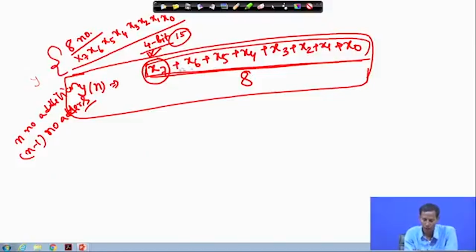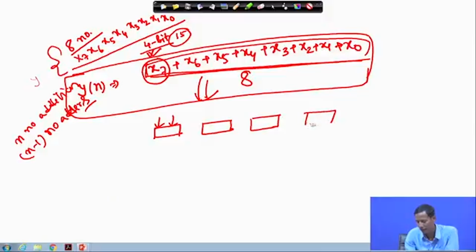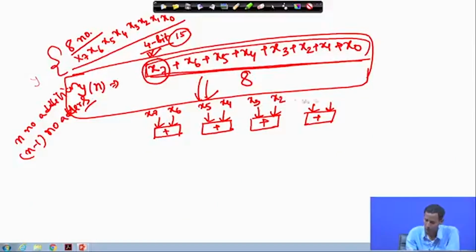Okay. So, how can I implement this? If I map it to the corresponding architecture, it will be something like this. At the first stage I need 4 adder blocks, with inputs x7, x6, x5, x4, x3, x2, x1 and x0.